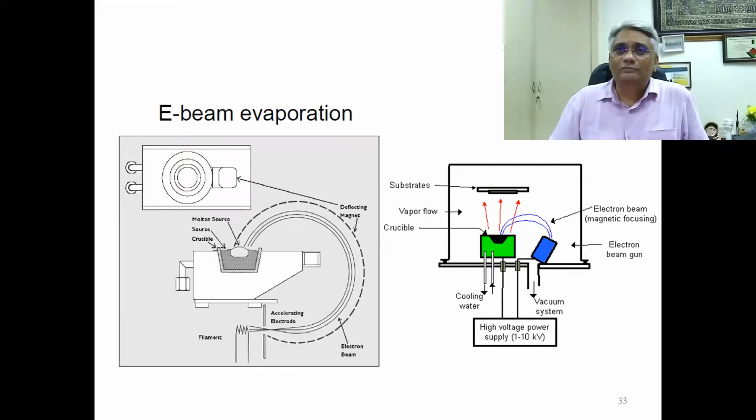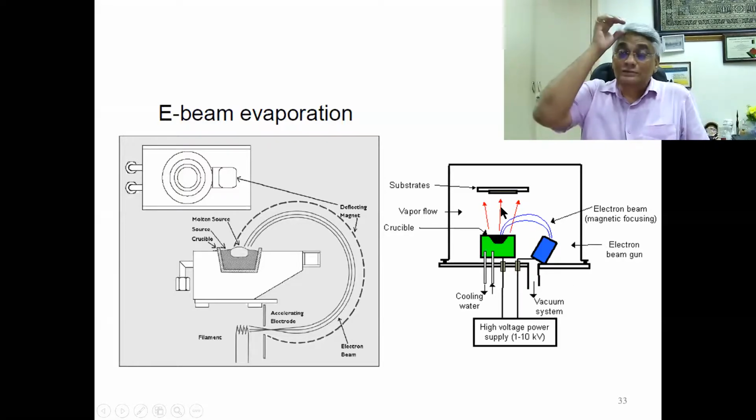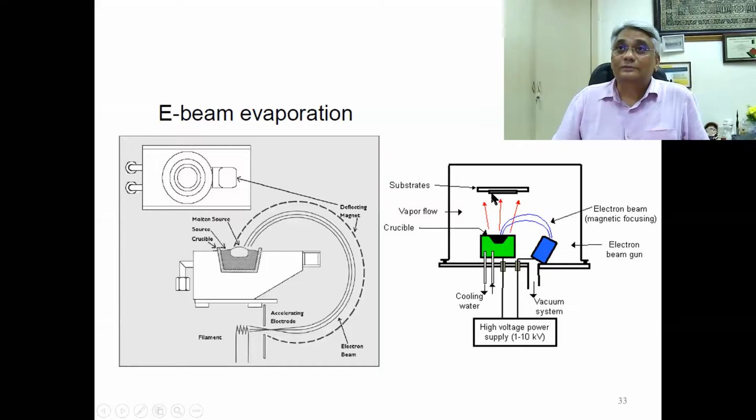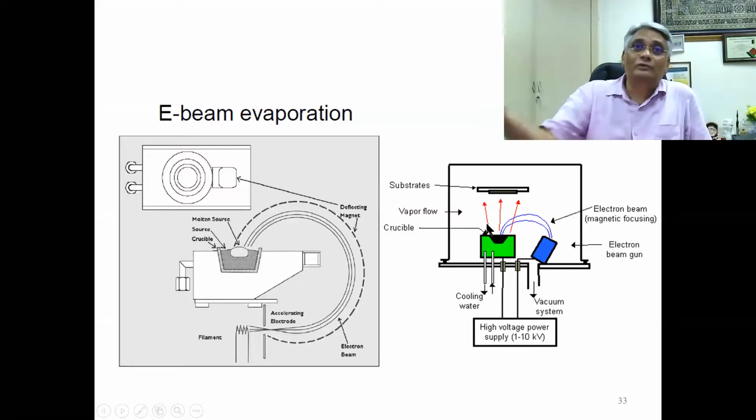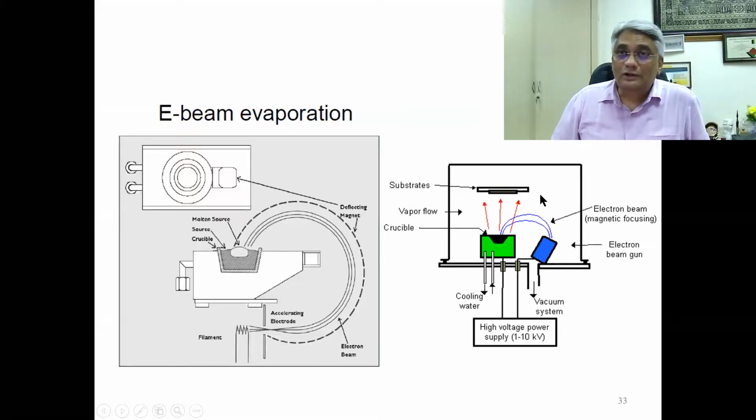It's a beautiful way of dealing with the contamination problem and increasing the energy of the evaporated species. The evaporated species can have energies from 5 to 30 electron volts here, which means when they go with those kinetic energies towards the substrate, which is also heated, the adatom mobility is much higher.